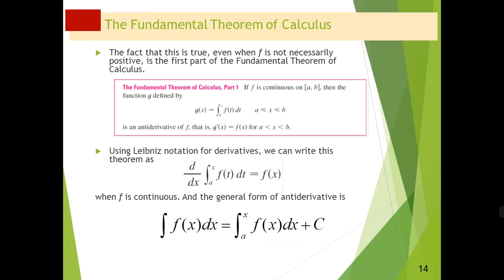From the basics of differential calculus, we know that for any antiderivative, if we add a constant c, then it is also an antiderivative, because the derivative of any constant is 0.